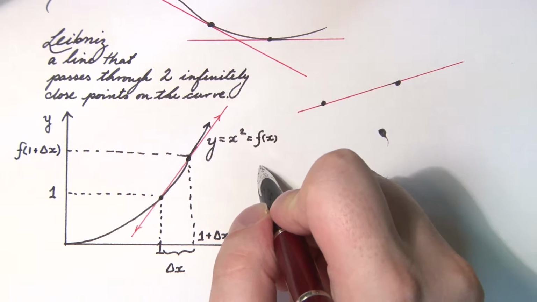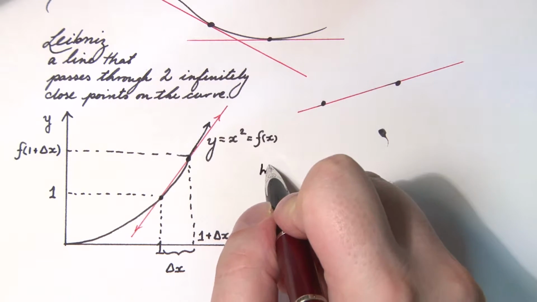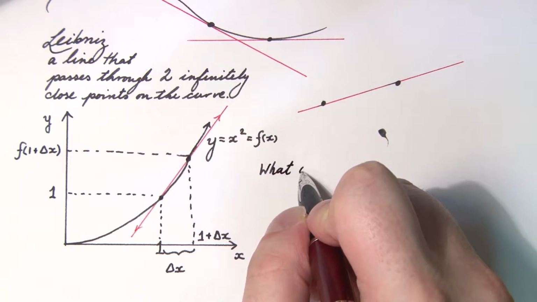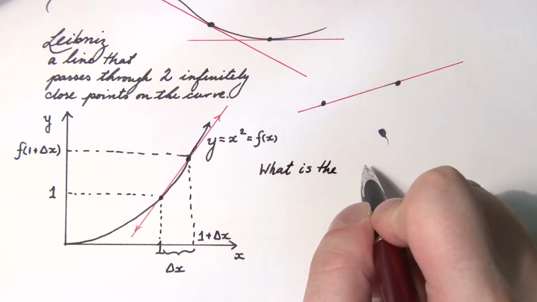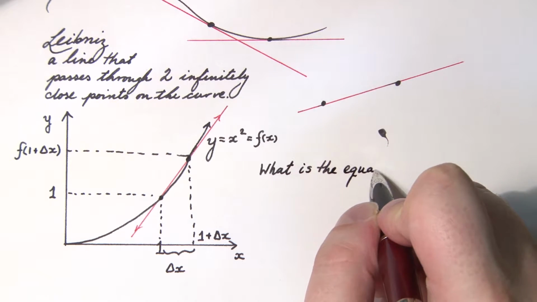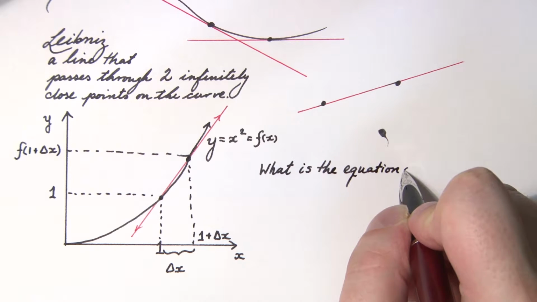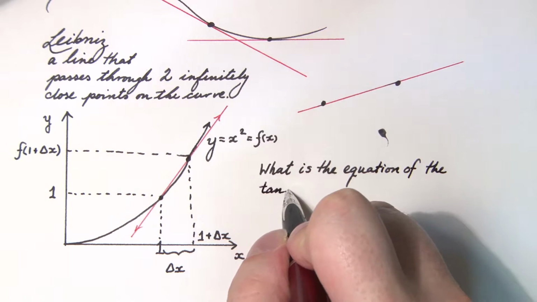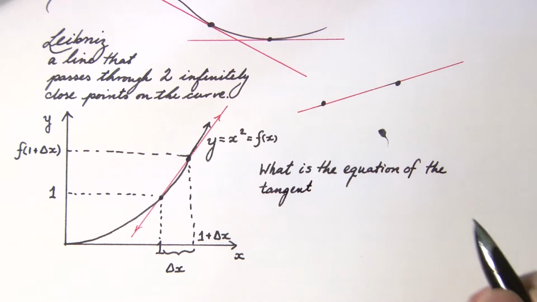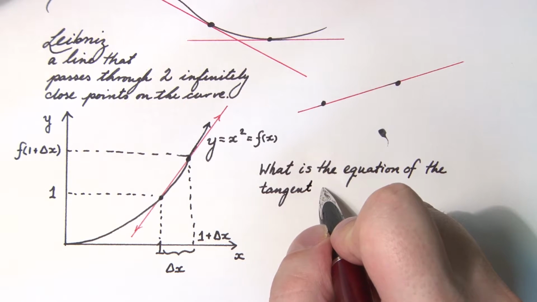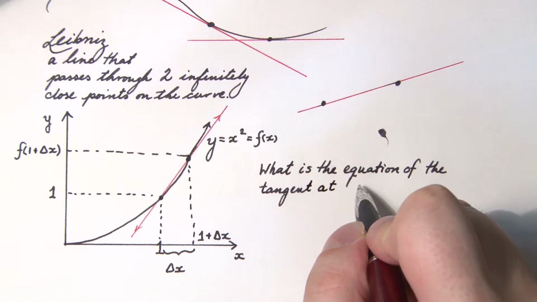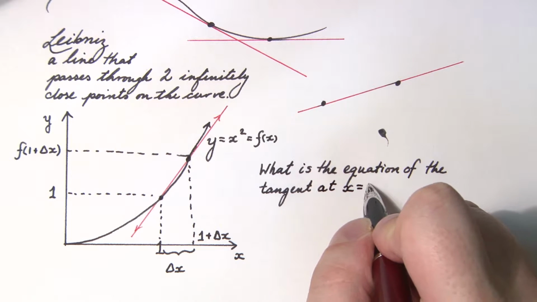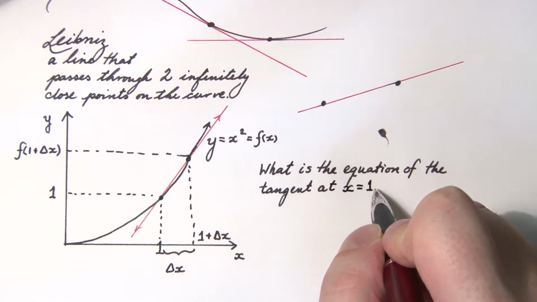So what his question would be is, what is the equation of the tangent at x equals 1?